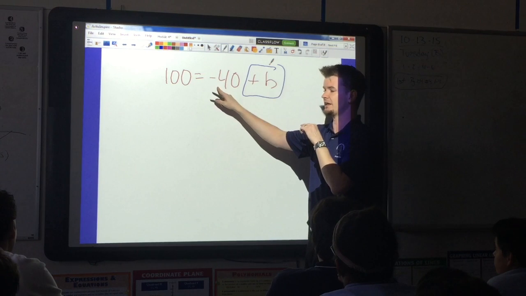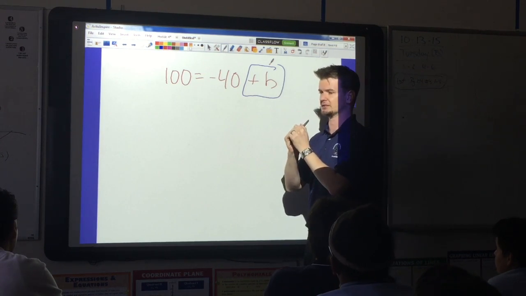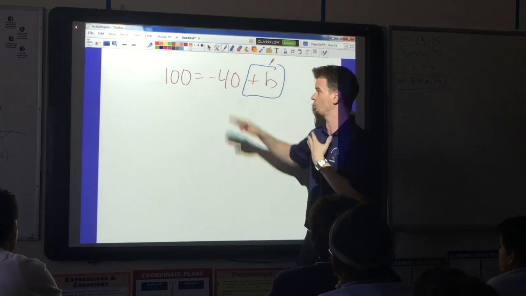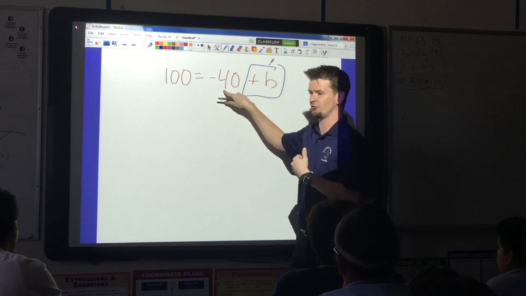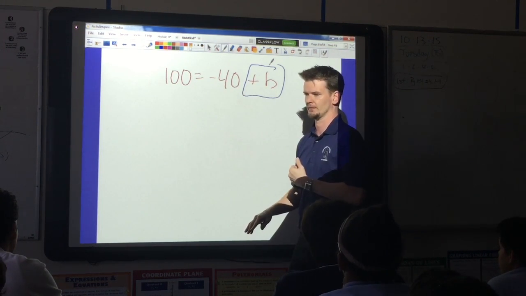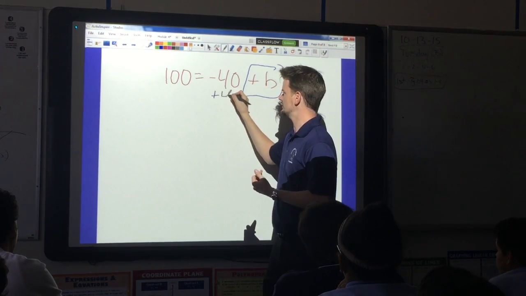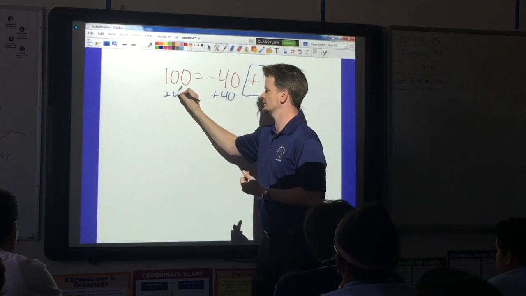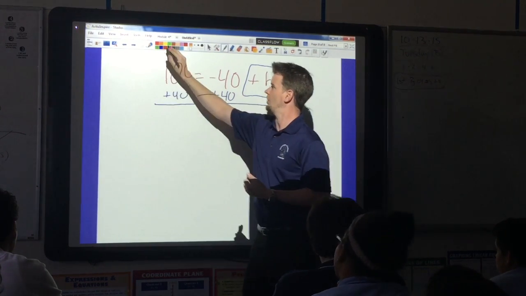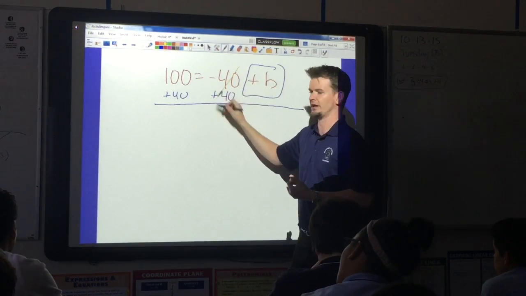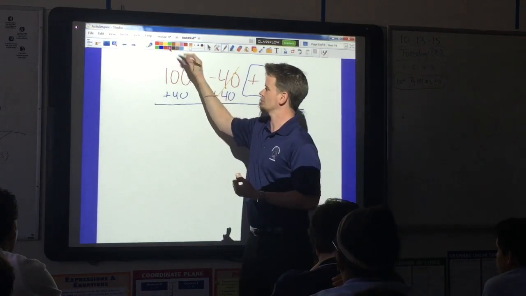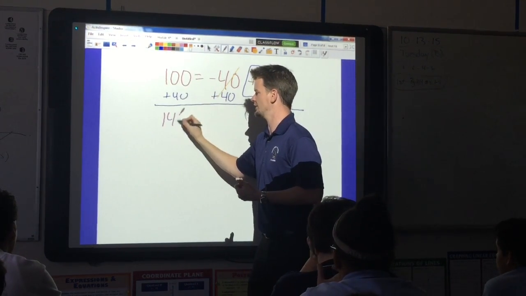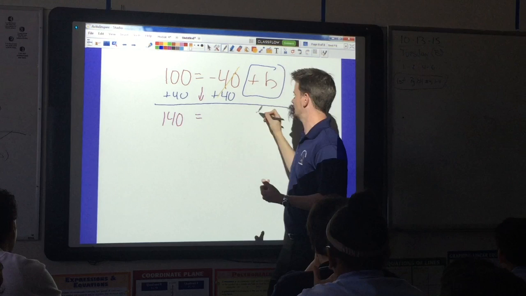So this is a -40. In order to get this alone by itself, I have to do the inverse, the opposite of whatever this is. What's the opposite of a -40? Positive 40. So I add 40 to both sides of the equation. On the right side of the equation, these will cancel out. And 100 plus 40 gives me 140. I bring down my equal sign, and that gives me b.